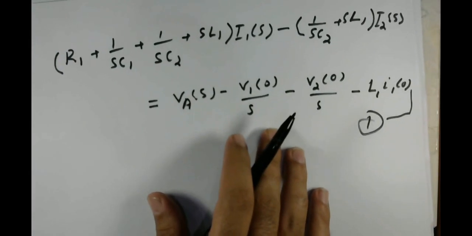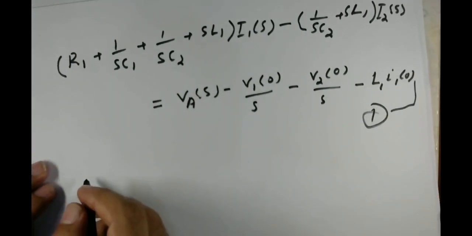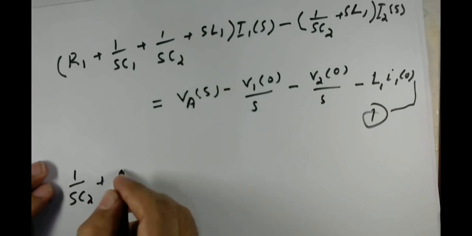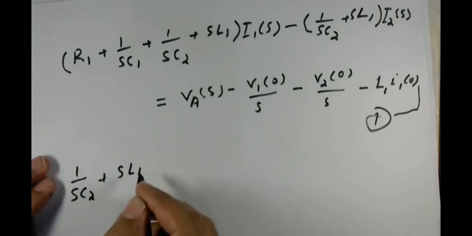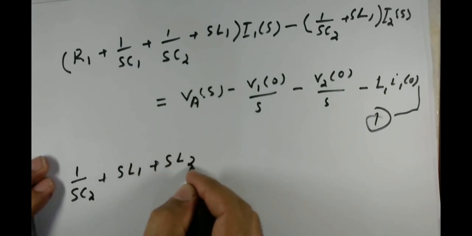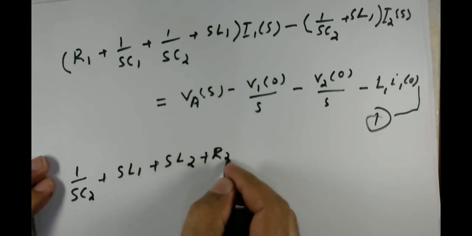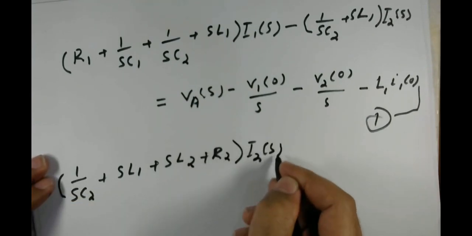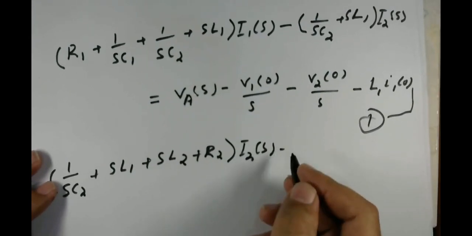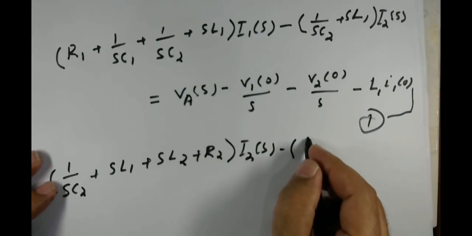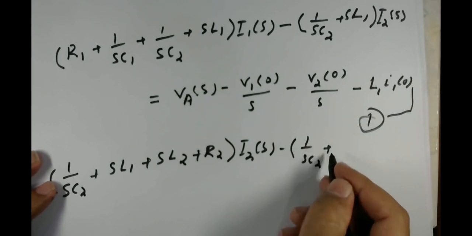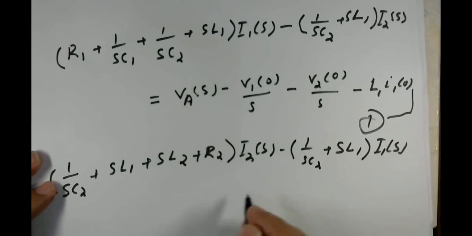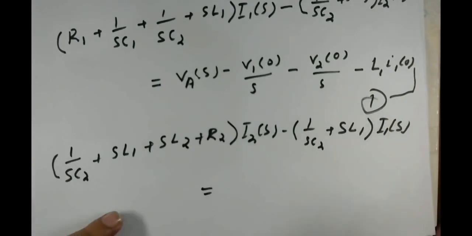So this will be (1/(sC2) + sL1 + sL2 + R2) times I2(s), minus (1/(sC2) + sL1) times I1, is equal to the sum of the different voltage sources.